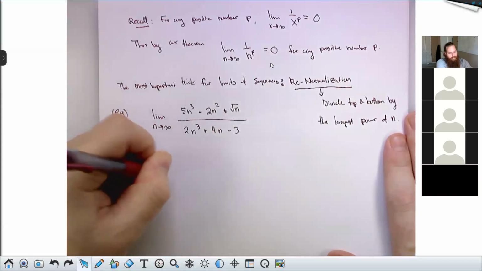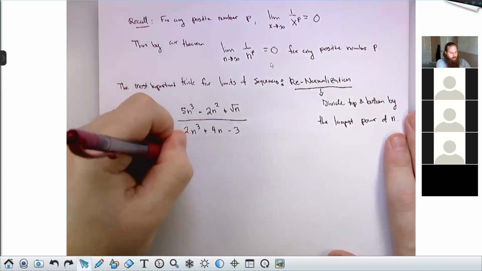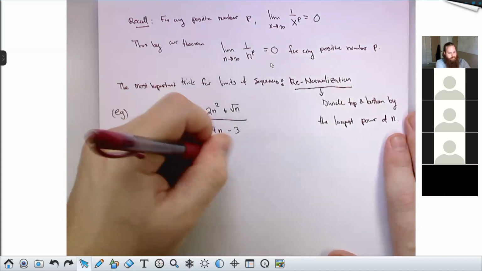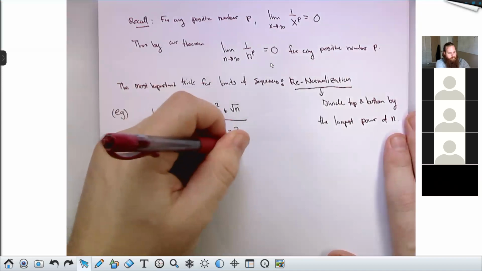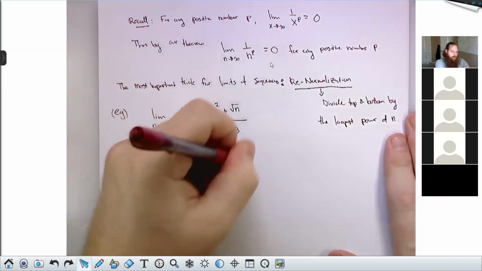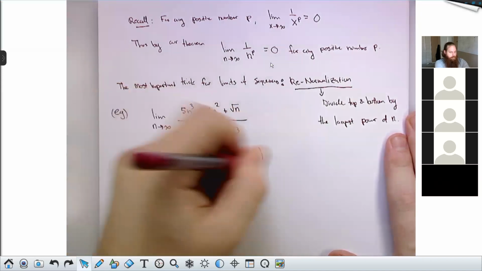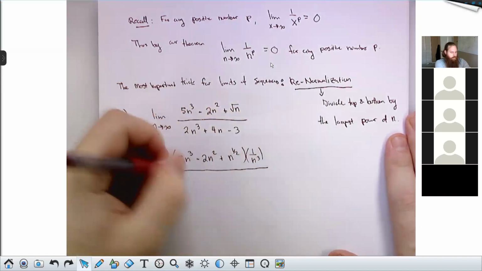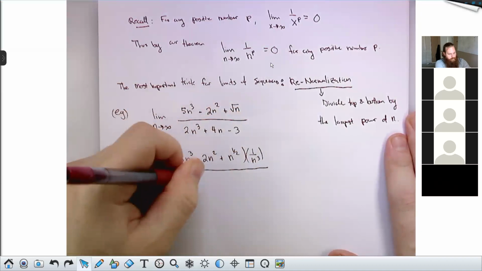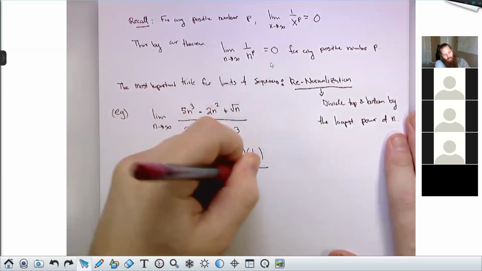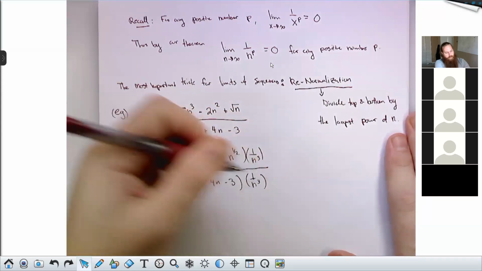So I rewrite, this is equal to the limit as n goes to infinity of 5n cubed minus 2n squared plus, that's n to the 1/2, all divided by n cubed, over 2n cubed plus 4n minus 3, all divided by n cubed.